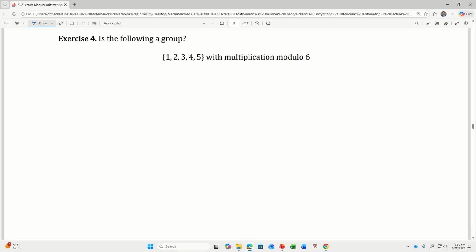Is this a group? 1, 2, 3, 4, 5, 6 with multiplication mod 6. We've got to check. Do we have closure? No, because 2 times 3 is 6, which is congruent to 0.